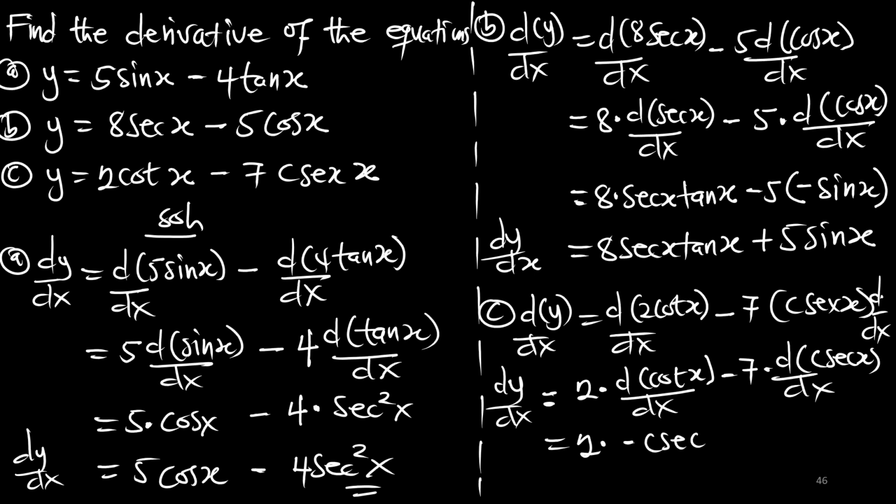Mostly if you are going to differentiate a trig function that starts with c, you're always going to get a negative. That's why if we differentiate a cos x, we are getting negative of what? Sine. It starts with a c. The same way, differentiating cot x is giving us negative cosec square x. Very good. Then minus 7. Now, another c is here.